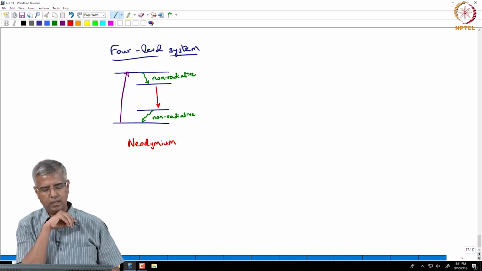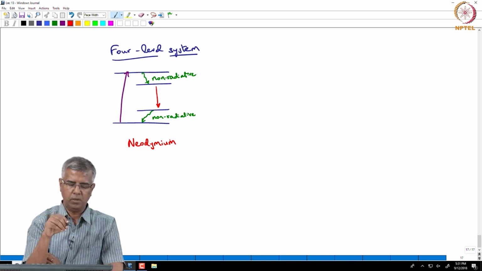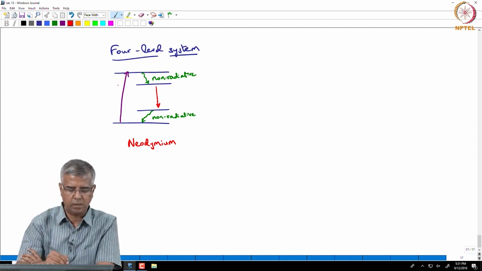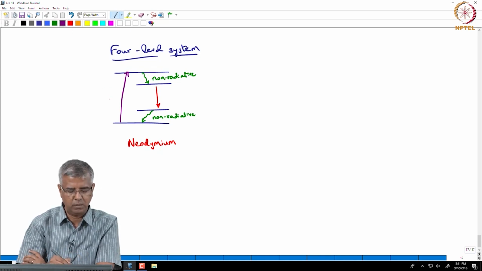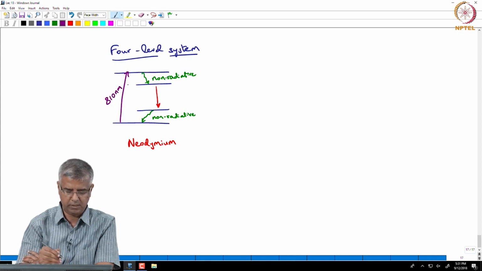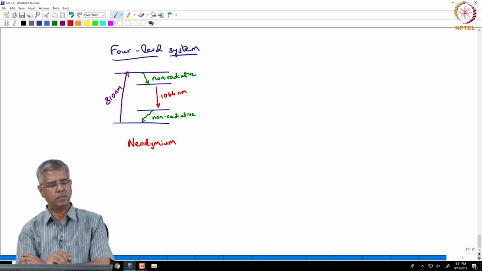Okay, in neodymium you have a structure like this, where this pumping typically happens at a relatively short wavelength at 810 nanometers, and this transition corresponds to 1064 nanometer.